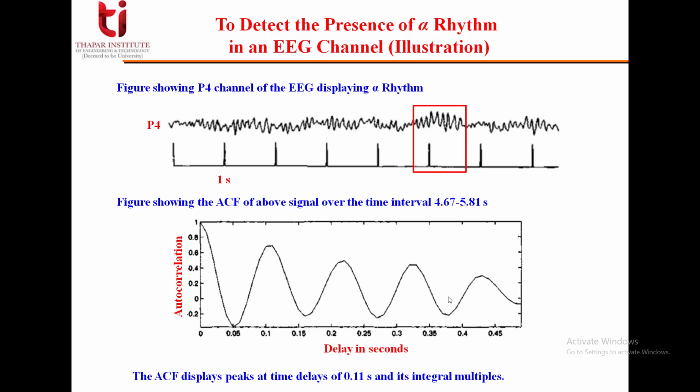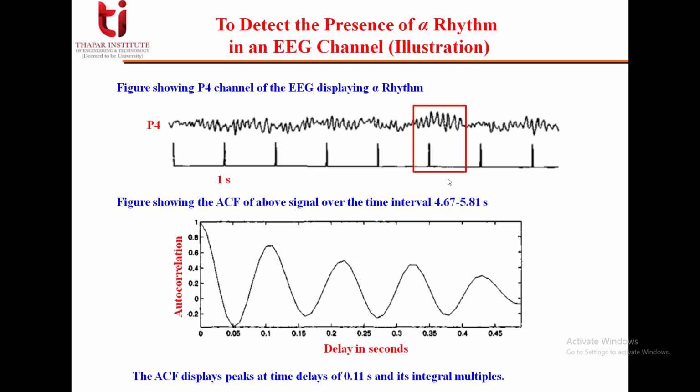In the first figure you can see the P4 channel of the EEG. We know we have different channels when we take an EEG signal. In this range we are taking 4.67 to 5.81 seconds, and it displays the alpha rhythm.